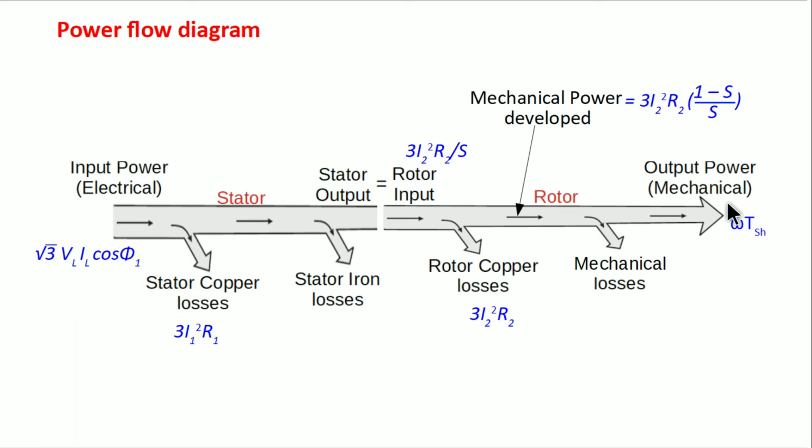This flow diagram shows input power, then stator losses, rotor losses, mechanical losses, and then the output power. Output power divided by input power is the efficiency of the motor.